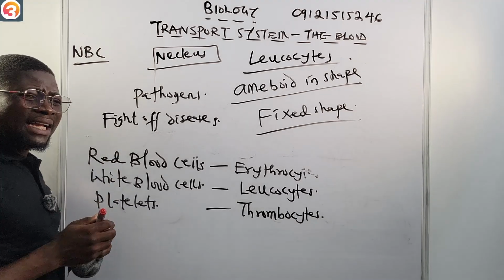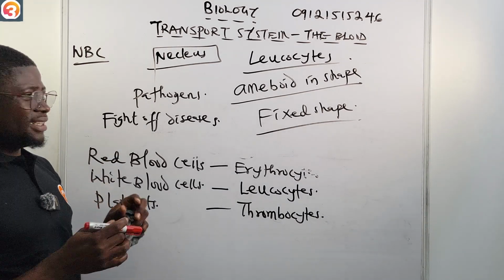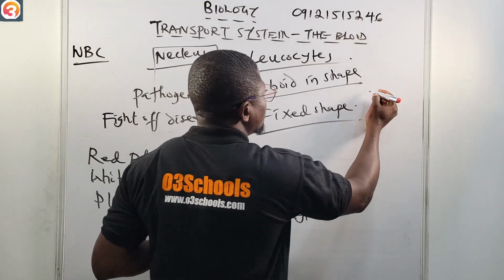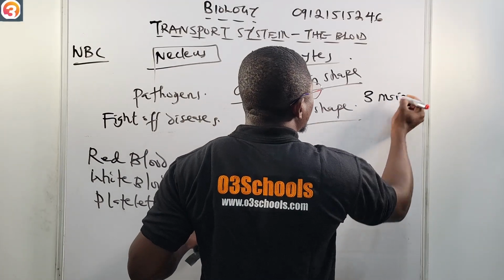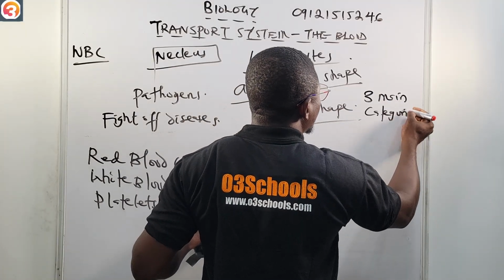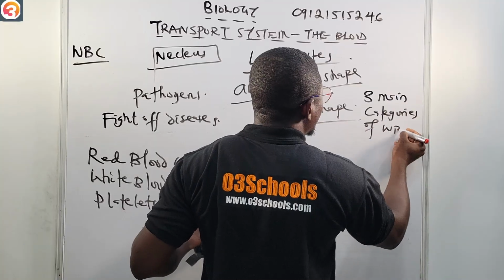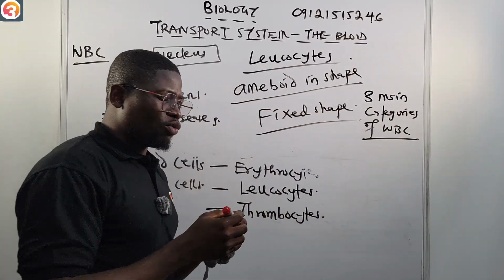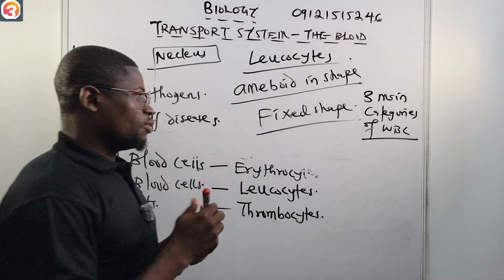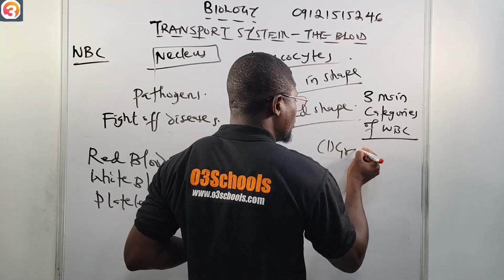Also, there are three main categories of white blood cells in the body. Number one is the granulocytes.